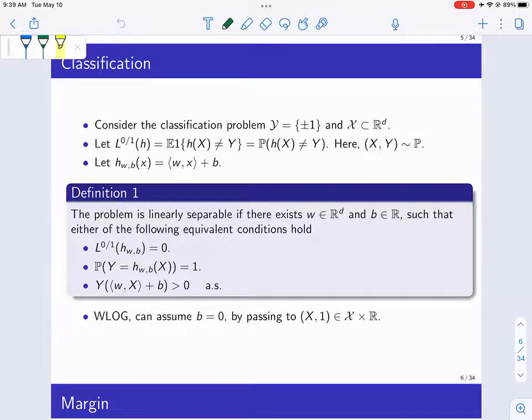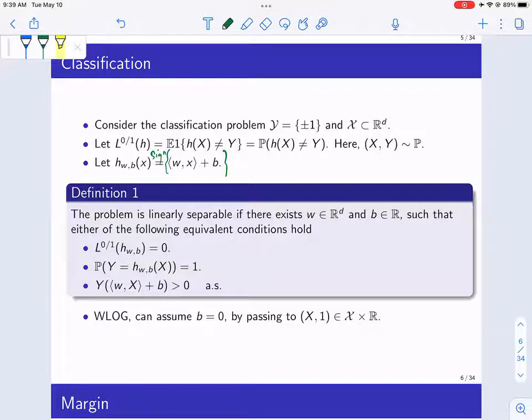And another way of writing it is with the sign. I should have corrected this; the classifier is the sign of this. So the data is linearly separable if the sign of y and the sign of this affine function are the same.